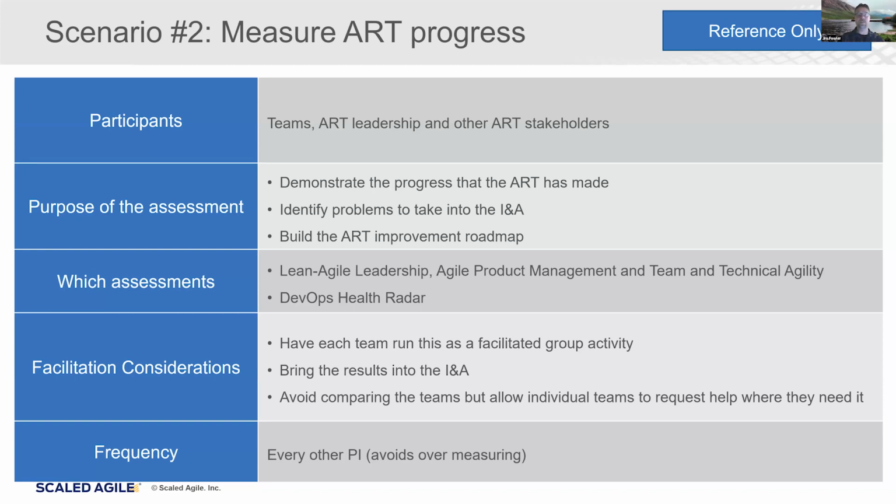And of course, the frequency on this is probably every other PI, so that we don't overburden the organization with too many assessments, running them too often, but getting just enough to where we can actually monitor the data and see the improvements that we're making and see the progress as we progress through there.